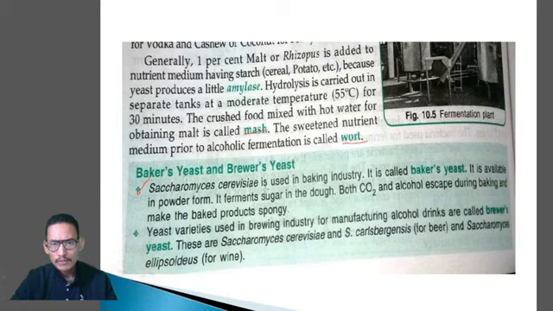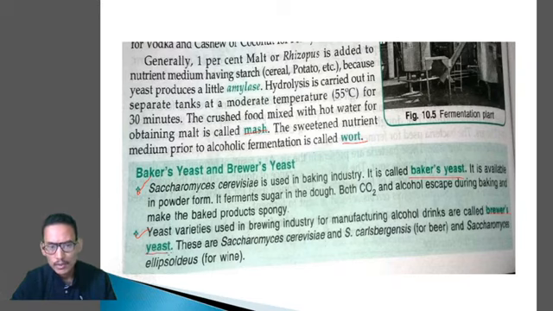Saccharomyces cerevisiae is also known as baker's yeast, though it is also known as brewer's yeast. It is available in powder form and used in the preparation of dough. Both carbon dioxide and alcohol escape during baking and make the baked product spongy. This we know. The next one: yeast varieties are used in the brewing industry for manufacturing alcoholic drinks, so they are also called brewer's yeast.